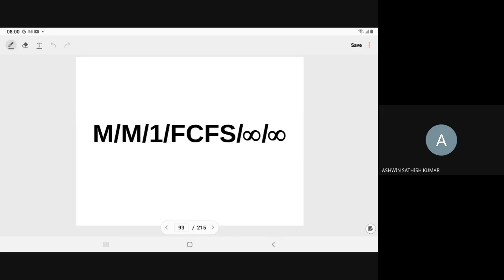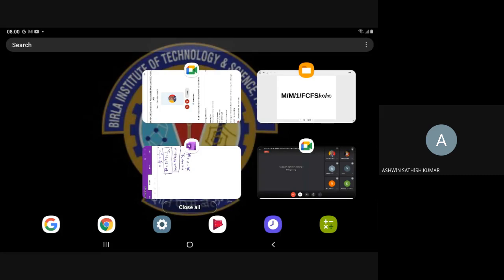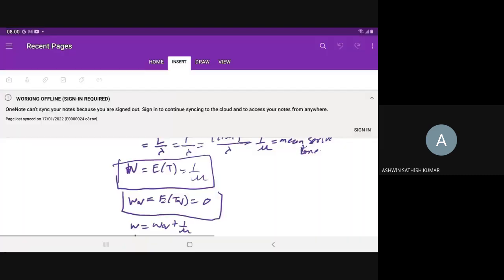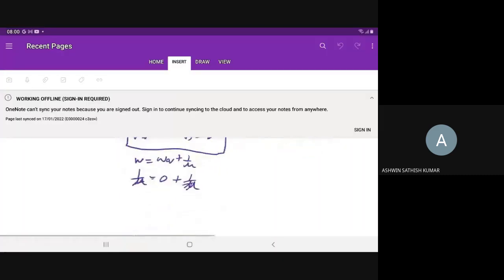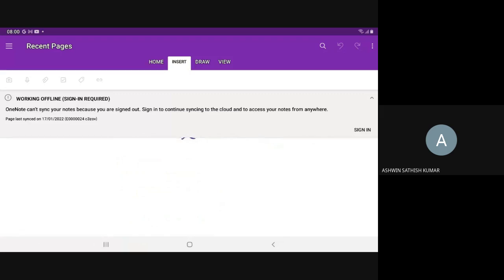Yes, sir. So today we are going to start the new model M/M/1/FCFS/infinity/infinity. In the last class, I covered the self-service model, that is the M/M/infinity/FCFS/infinity/infinity.